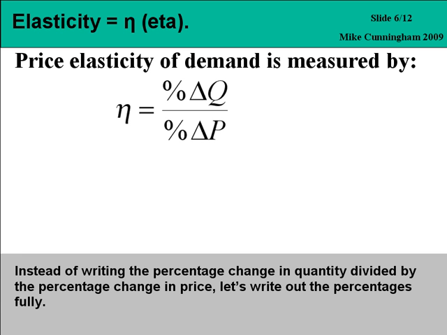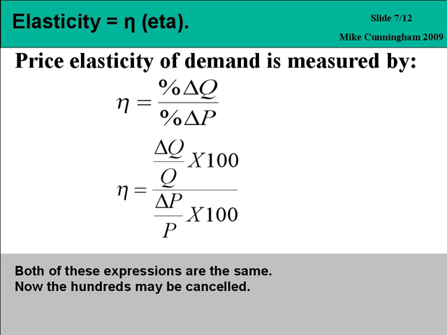Now let's go back to our formula again. We know now that the elasticity, eta, is equal to the percentage change in quantity divided by the percentage change in price. If we look at this in a bit more detail, to work out a percentage, we take the change in quantity divided by the quantity, multiply by 100.